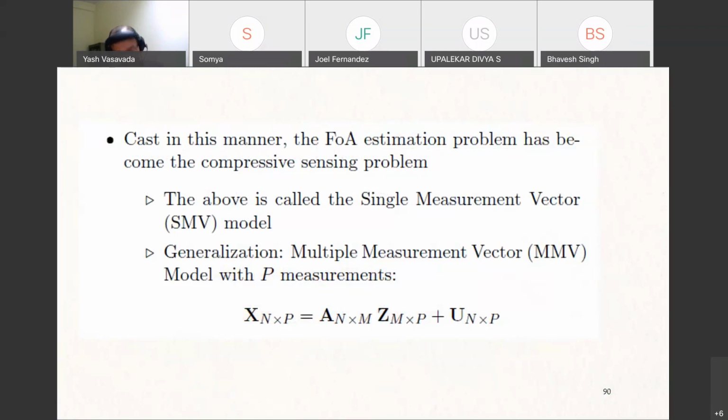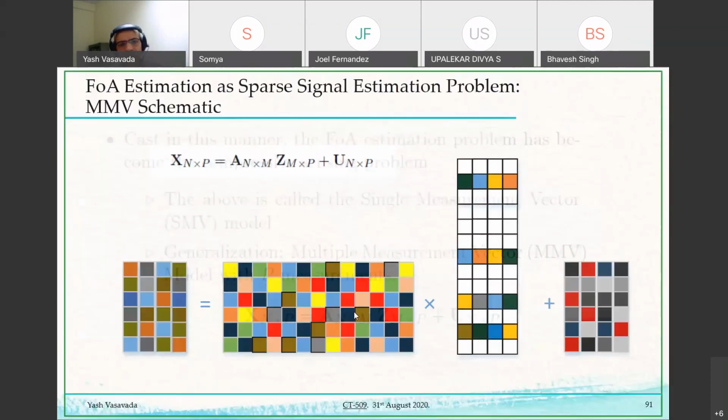So that obviously doesn't need to change. But this Z vector now becomes a matrix also. A key assumption in this technique is that the sparsity of the vector Z carries over to the sparsity of this matrix capital Z. Okay, so basically the diagram looks like this.